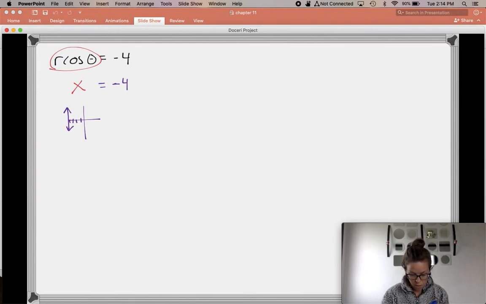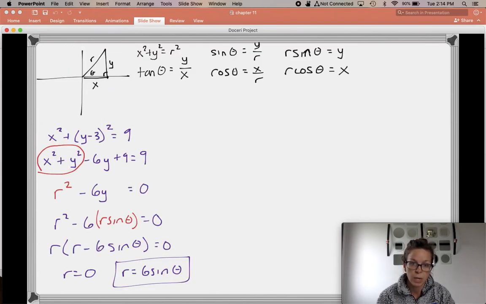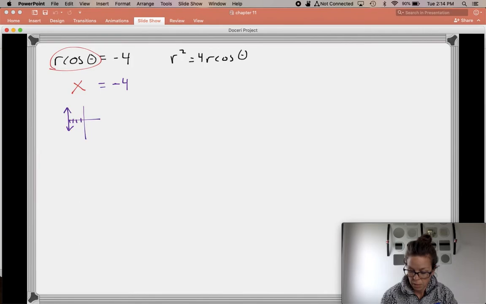If we have r squared equals 4r cosine theta. Okay, so again, we want to look for where we can make a substitution. We see an r squared over there. Look back to our formulas. R squared is an x squared plus a y squared. So I'm going to take that r squared and replace it with an x squared plus a y squared.